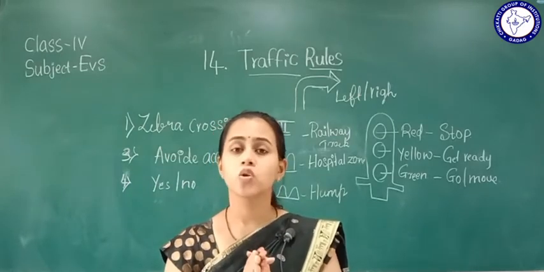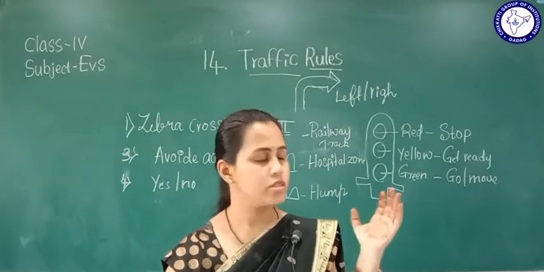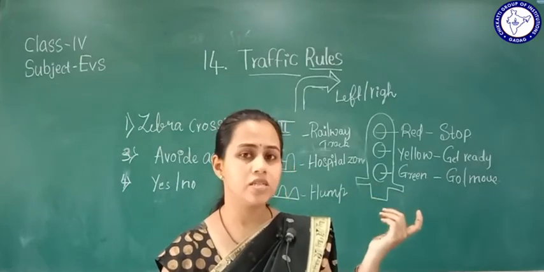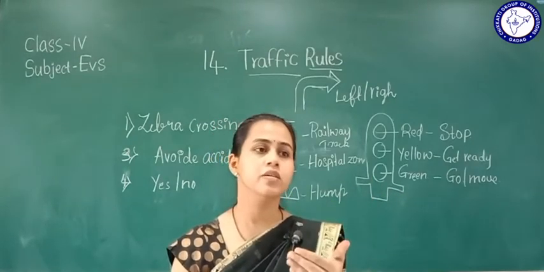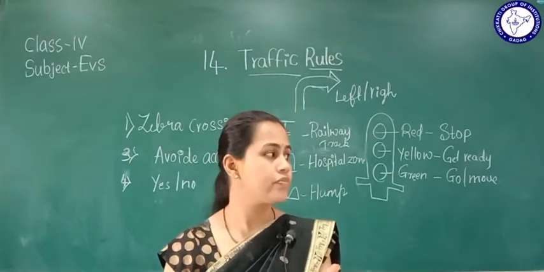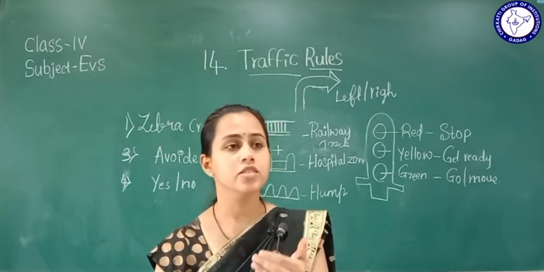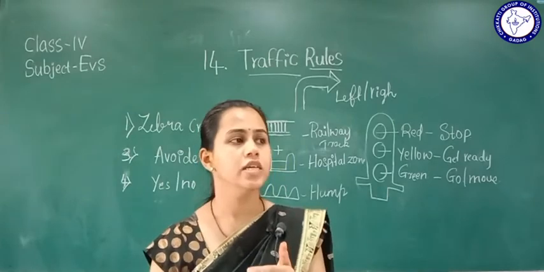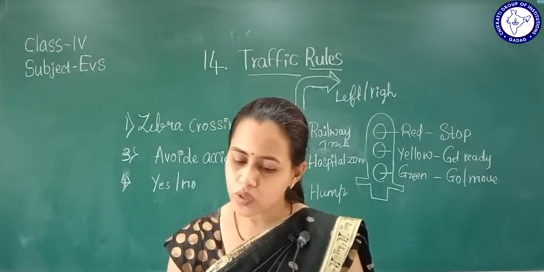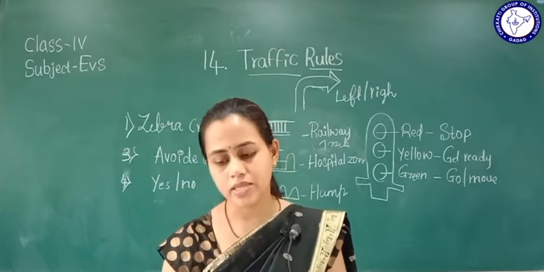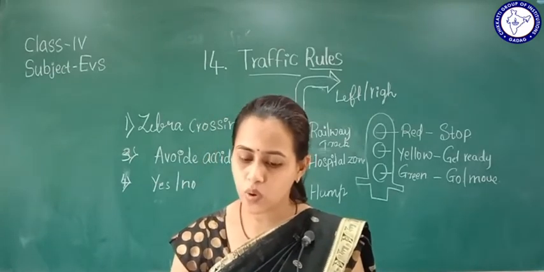If you follow these rules, you just see the signal lights, then you can cross the road, and you can move a little slowly. If you follow these things, then definitely accidents will be fewer. You already know about some accidents which occur at home and school.